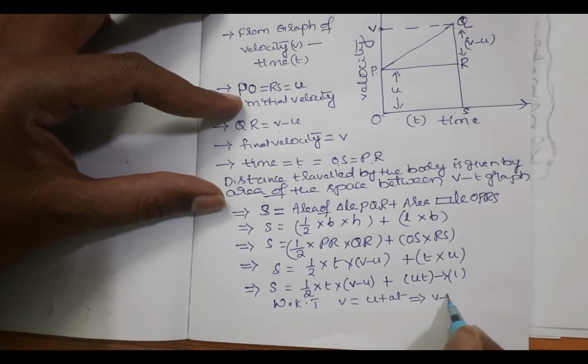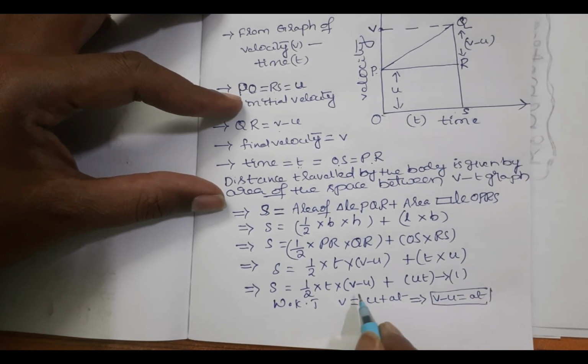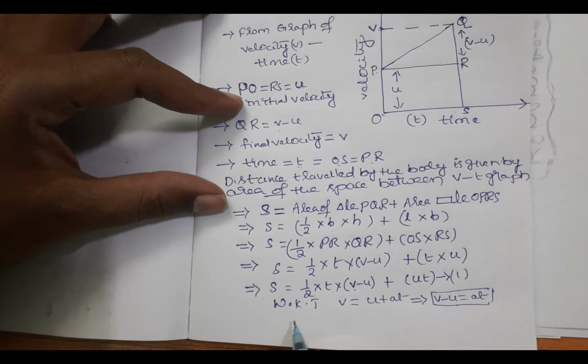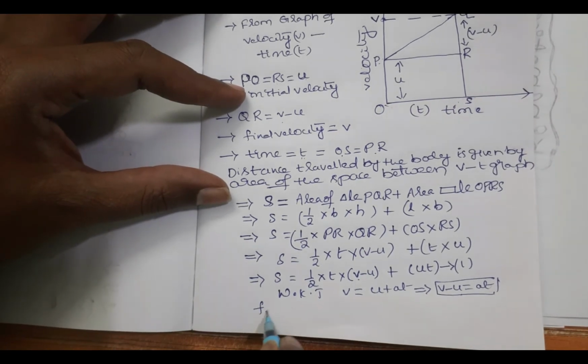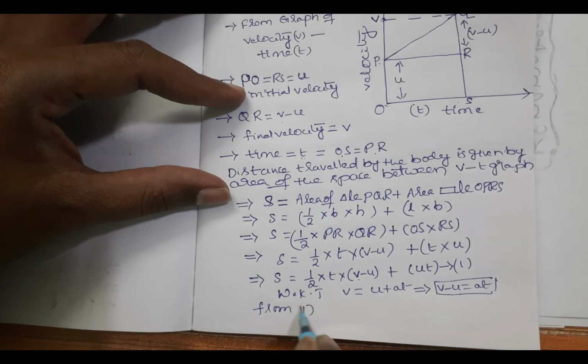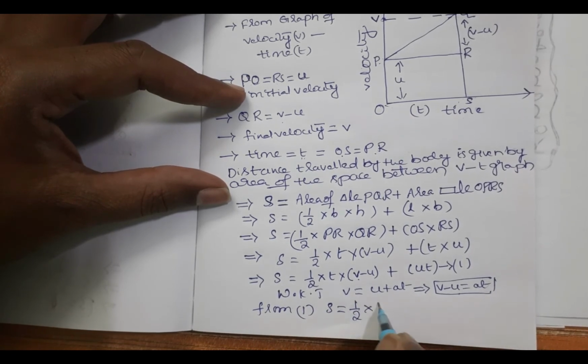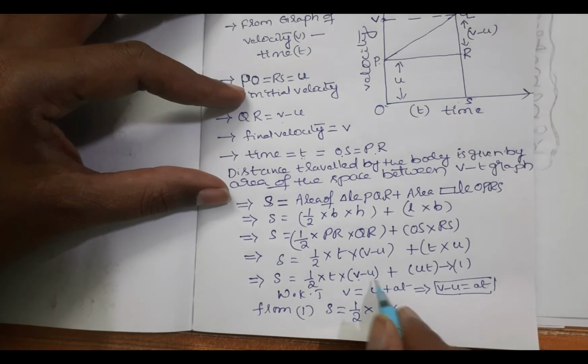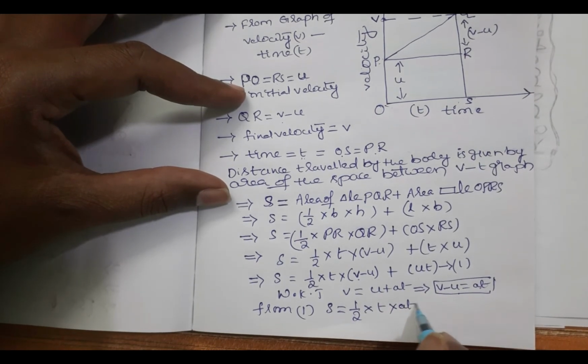This implies v minus u equals at. That is, in place of v minus u, you can write at. So from equation 1, the distance traveled equals half into t into (v minus u), which we can write as at, plus ut.